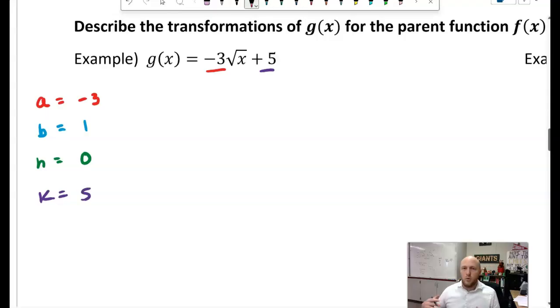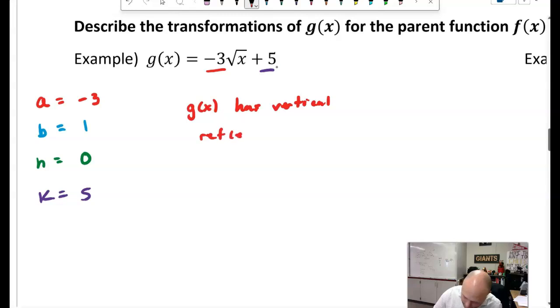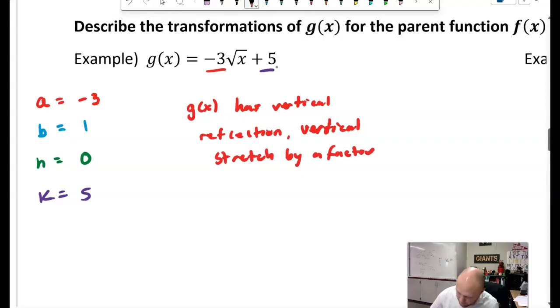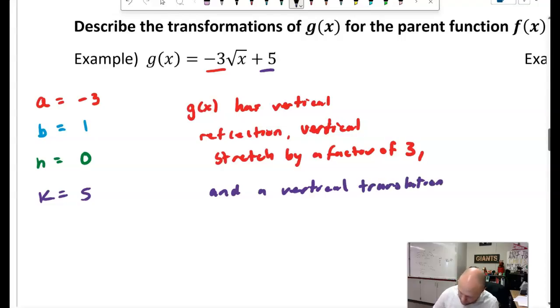Okay. So what are the effects on the graph? I want to describe this. So we're going to go ahead and say here, g of x has a vertical reflection, vertical stretch, by a factor of 3, and a vertical translation 5 units up.